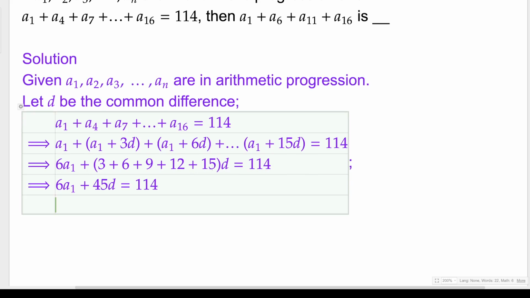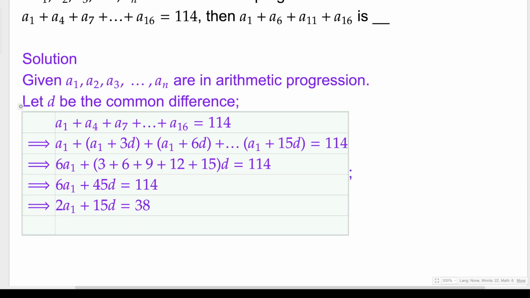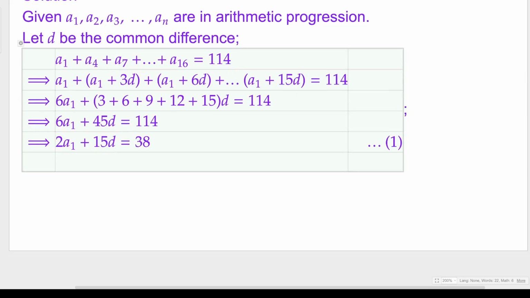On resolving this equation we get 2 times a1 plus 15 times d equal to 38. Let us call this equation 1, because we might need this one.